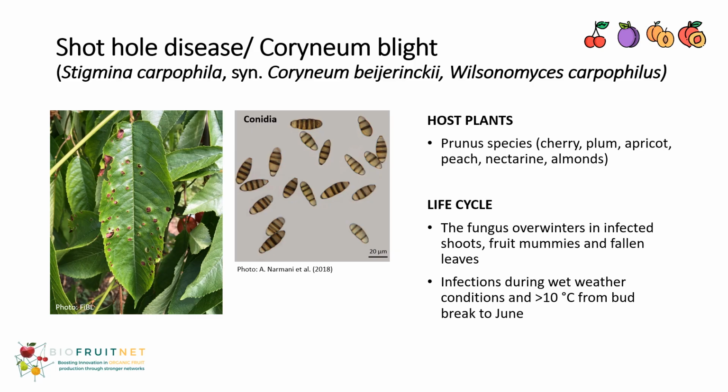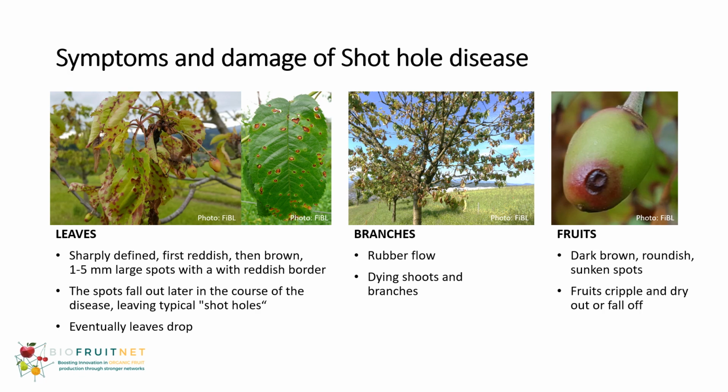Strong infection pressure is possible in years or areas with high precipitation in spring and/or frequent fog formation. The symptoms on leaves begin with small reddish or brown spots with light green or yellow rings around them. The spots dry up and fall out, leaving typical shot holes behind.